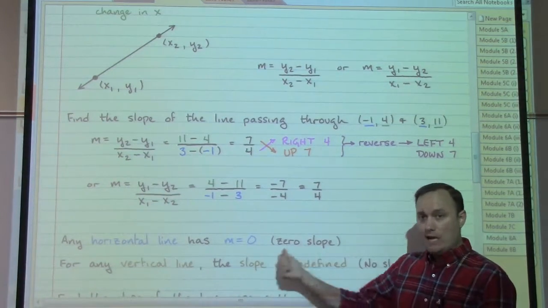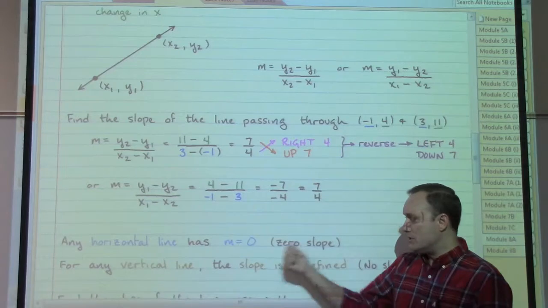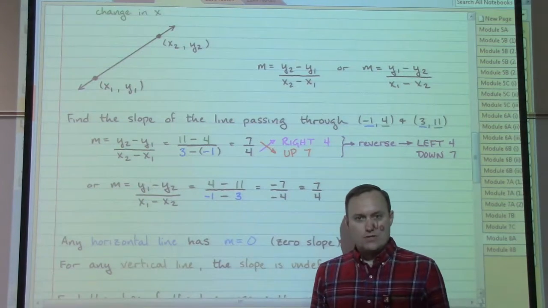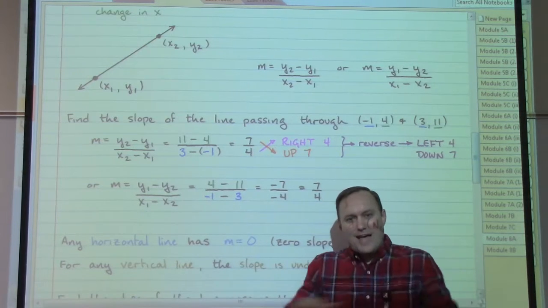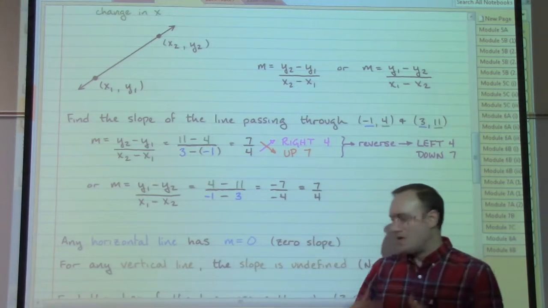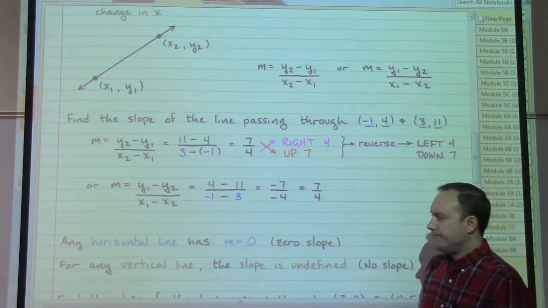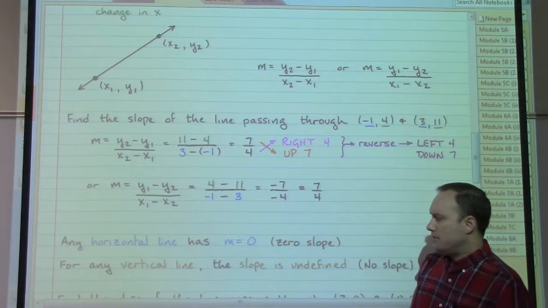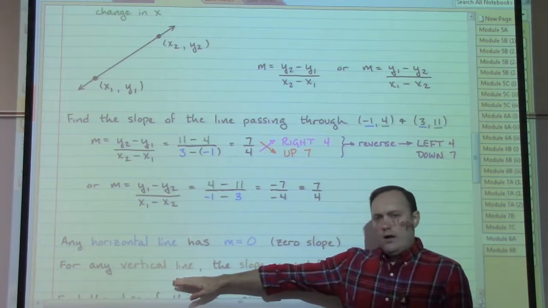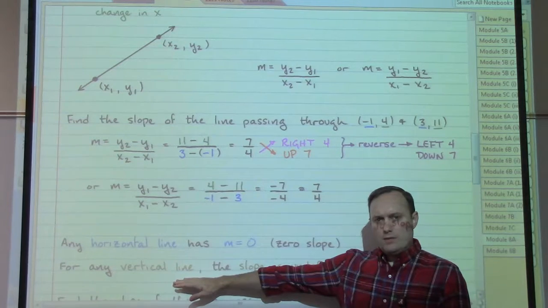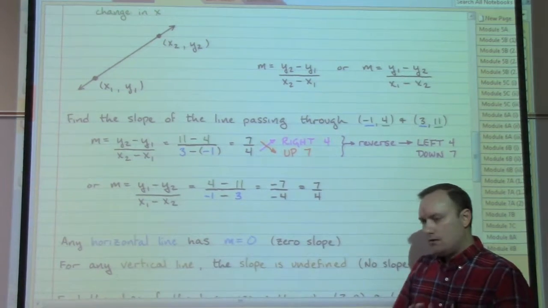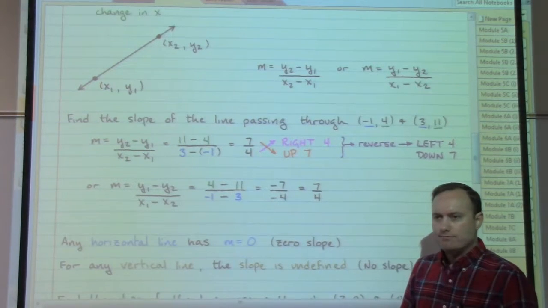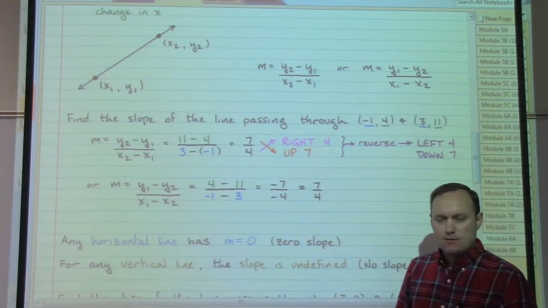So we do have an answer. The answer is 0, so 0 slope. If we have a 0 slope, we have a horizontal line. If we have a horizontal line, we have a 0 slope. So we want to remember that connection works both ways. If we use the slope formula and we pick points that would be arranged vertically, then our denominator ends up, well, kind of exploding in our face.